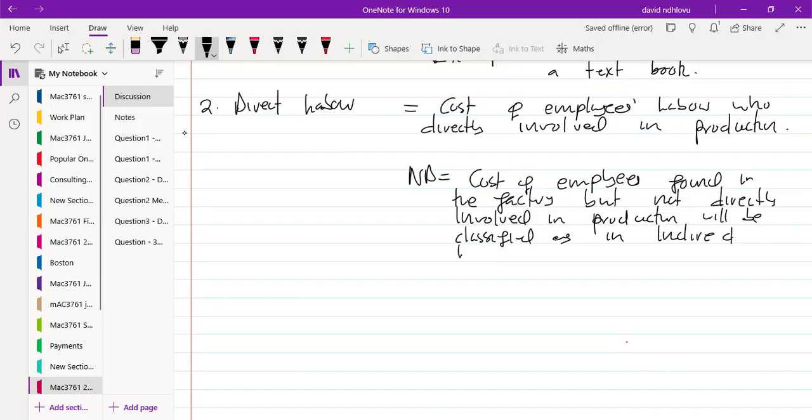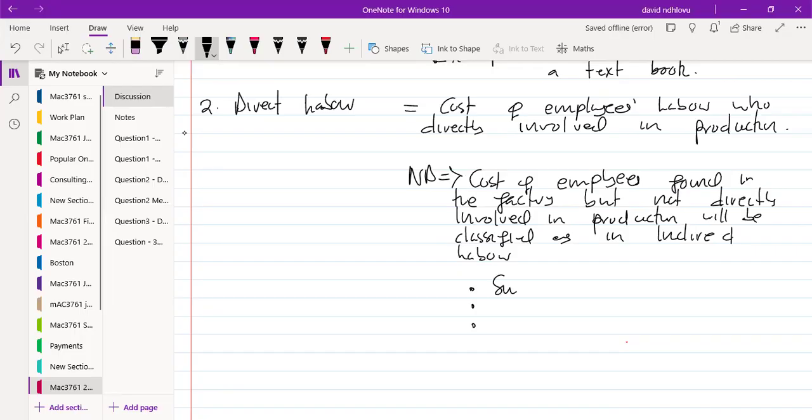What examples of employees that will be found within a manufacturing environment who are, however, not involved directly with production, can you give me? They are there in the factory, but they don't hold the machines. They don't do the actual manufacturing.